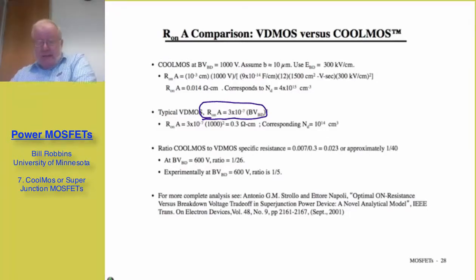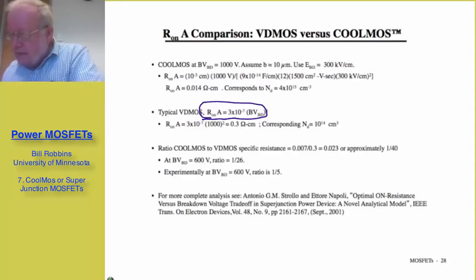So the theoretical equations that I'm using here are not very accurate, but at least they show the general trend. And a factor of 5 better on-state resistance instead of 1/26 is still a significant lowering of on-state resistance compared to the vertically diffused MOS. For a more complete picture, you can look at the reference that I indicate here.